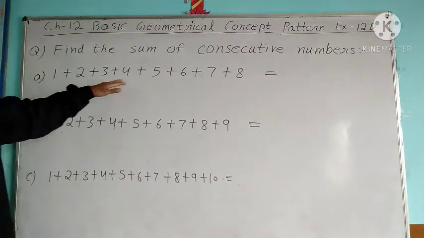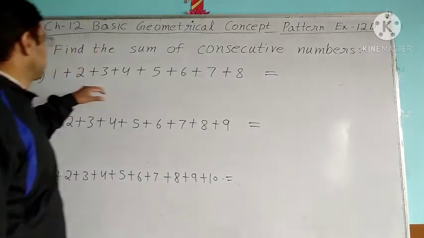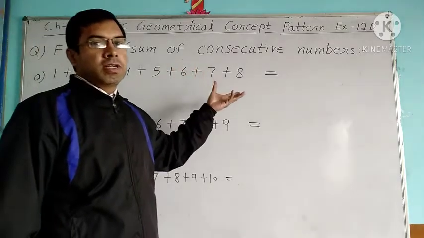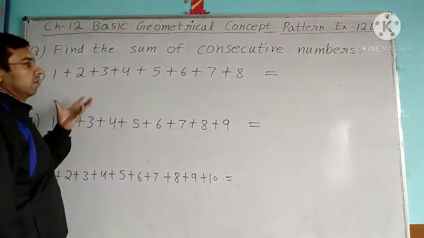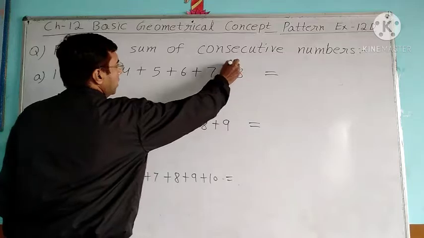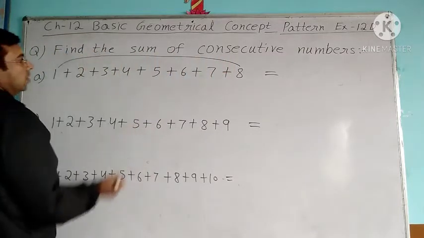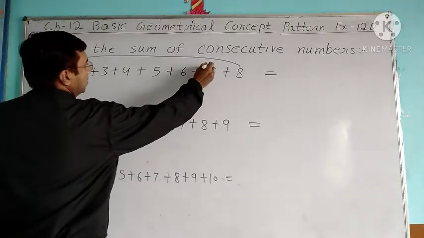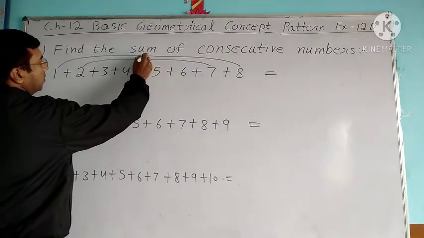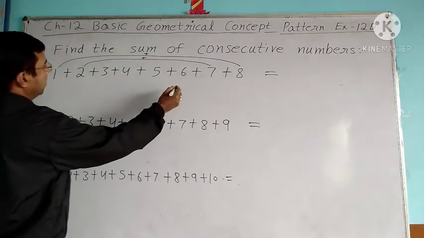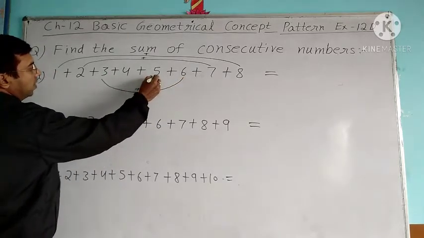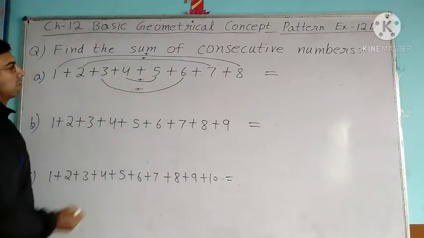Next question. Find the sum of consecutive numbers. So students, 1 plus 2 plus 3 plus 4 plus 5 plus 6 plus 7 plus 8. We have to find the sum. See, it is very easy. It is following one pattern. What? See, 8 plus 1 is 9. 7 plus 2 is 9. Clear? 6 plus 3 is 9. 5 plus 4 is 9.